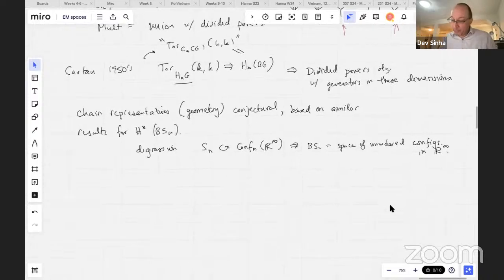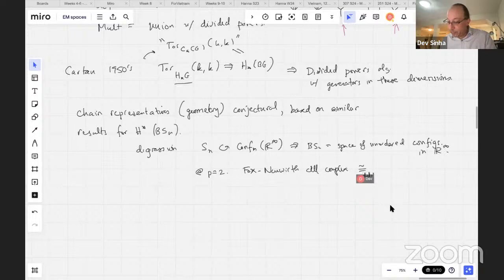And then remarkably, at the prime 2, the Fox-Neuwirth cell structure is basically, additively, but after some radical regrading, isomorphic to the iterated bar complex.